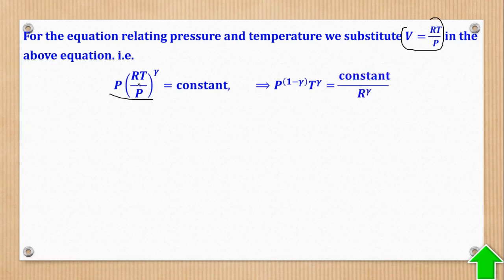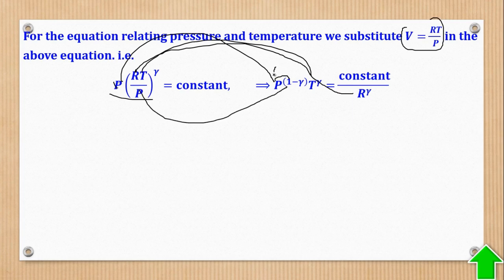And when I use the rules of indices, this is what I'm going to get: P to power 1, then R to power the ratio, then T to power the ratio, and P. Now this P is down, that means P to power negative ratio, which gives you now P to power 1 minus this ratio, the molar ratio.